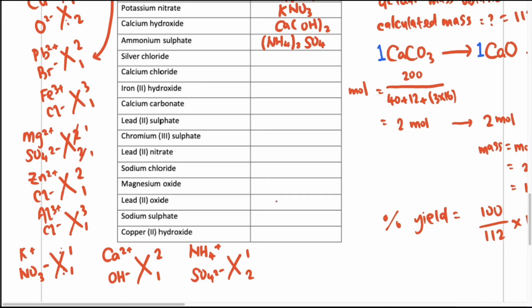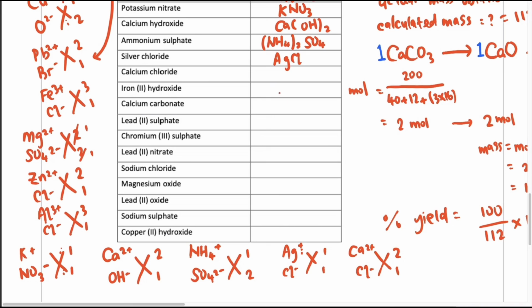Silver chloride. So Ag plus and Cl negative. It's just one, AgCl. Calcium chloride. Ca2 plus and Cl negative. 2, 1. Exchange.